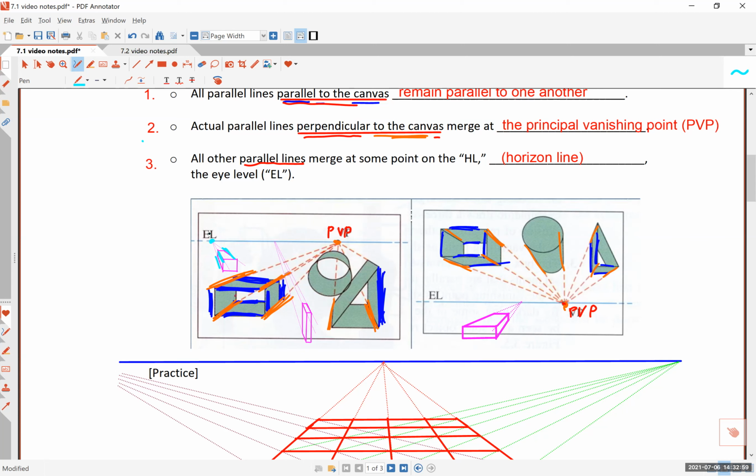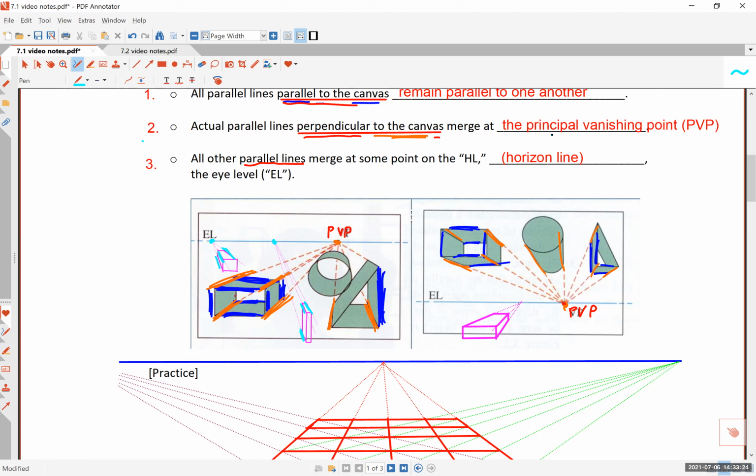That is not the principal vanishing point, but it is a vanishing point. Same thing with this line, this line, this line. These lines are not parallel to the canvas, nor perpendicular to the canvas. They're sort of lateral at an angle, but if they're parallel to each other, they all merge at this one single point, which is a vanishing point.